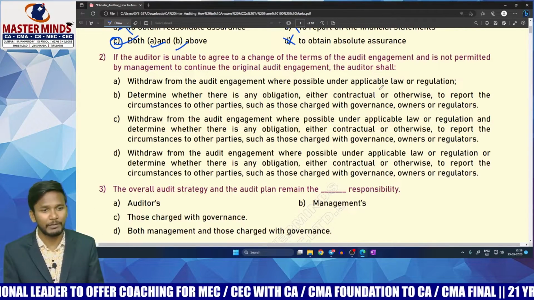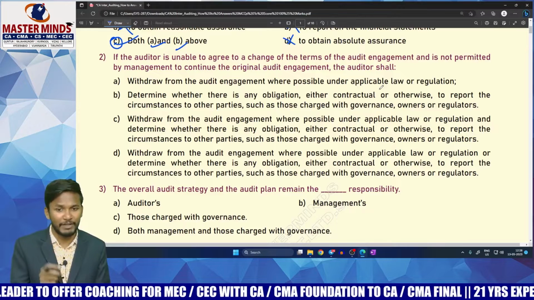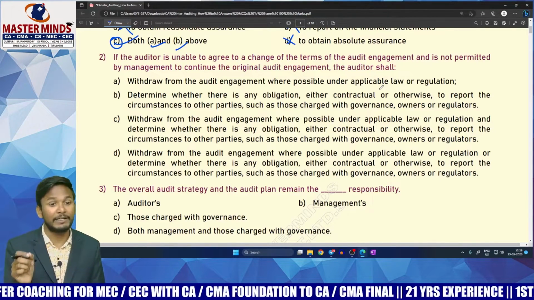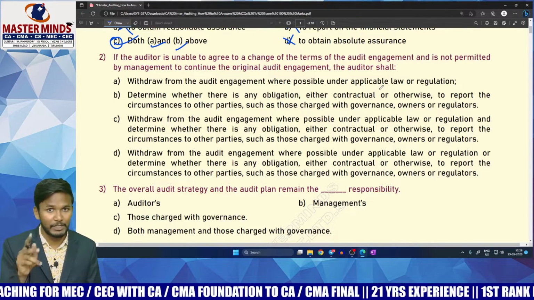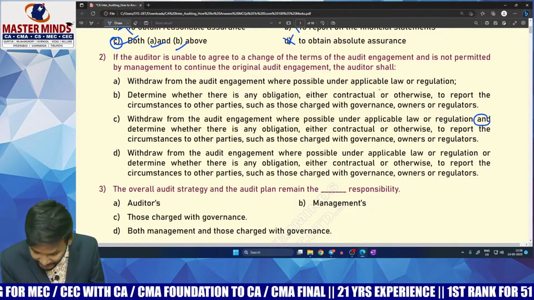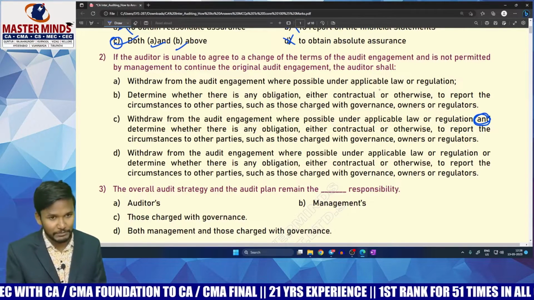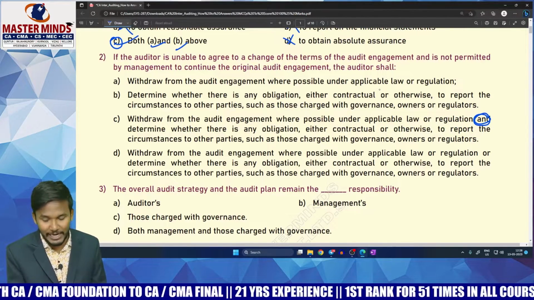Now see the C option, withdraw from the audit engagement where possible under law or regulation and determine whether there is any obligation. They are covering both. Here you are saying the word and. That word is very important. That means option A and B are joined by the conjunction and.